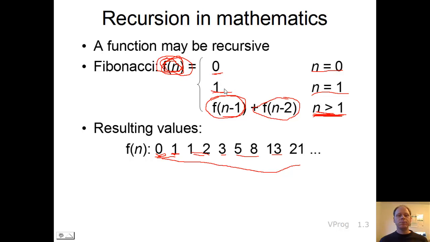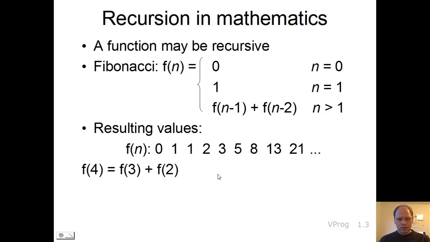We call these the base cases. As you see, we have two base cases and one recursive case. For other applications this may be different, but you will always have at least one base case and one recursive case.